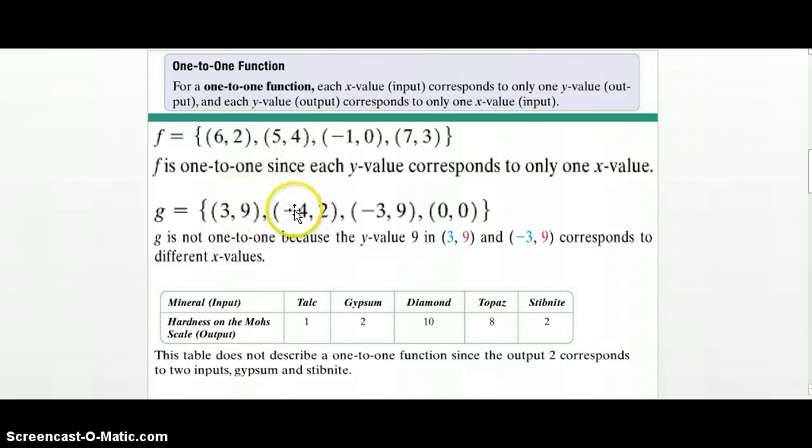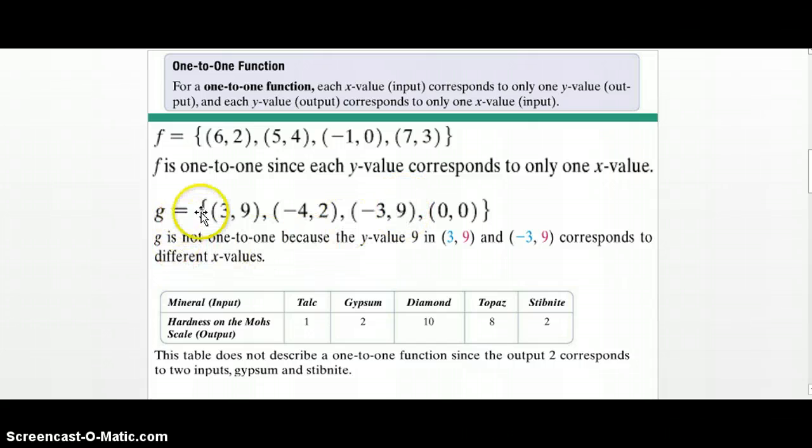Look at the second example. Here the x value 3 corresponds to y value 9, and look at this ordered pair: the x value -3 corresponds to 9.